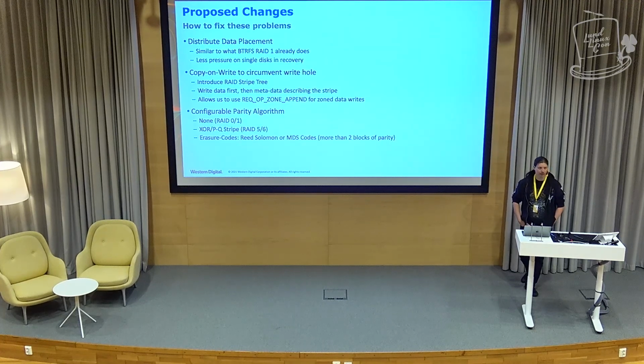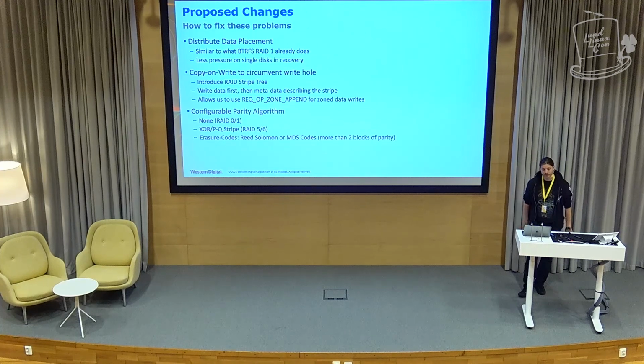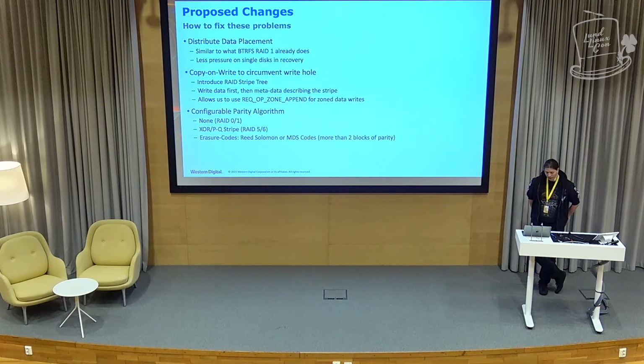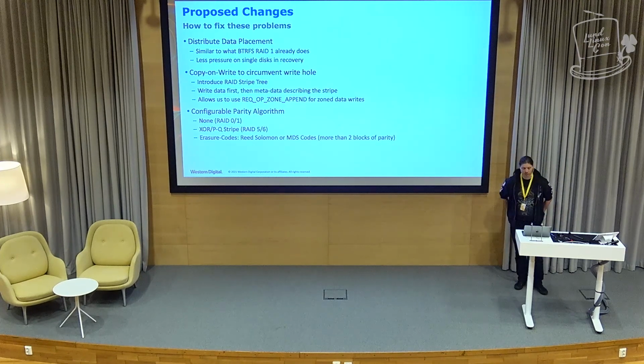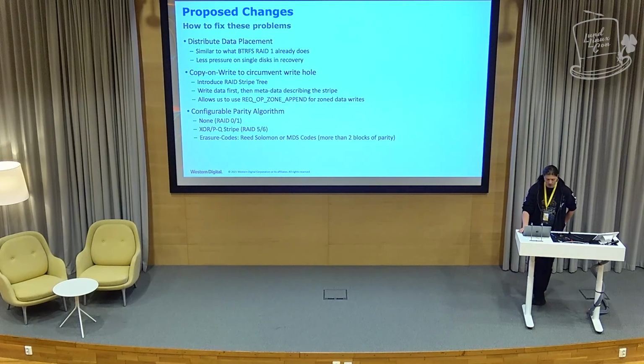Then we have a plugin framework for parity algorithms, to be able to do no parities for the RAID 0, 1, 10 case, the classical XOR and PQ stripe parities everyone knows from RAID 5 and 6, and then some new fancy stuff like erasure codes or MDS codes, butterfly codes, whatever people like these days. So you have more than 2 blocks of parity information and can build fancy 5 data, 16 parity, or whatever you like.